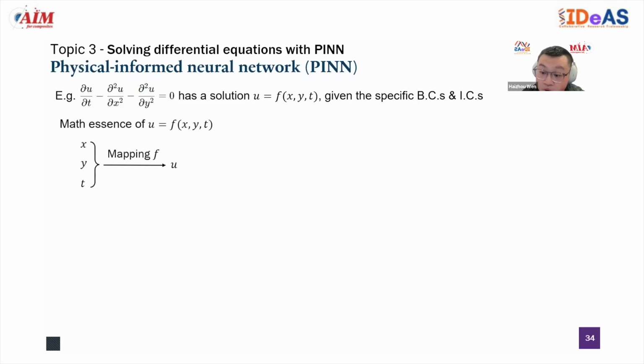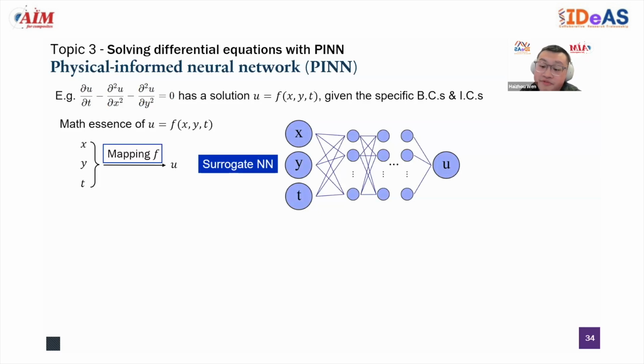If you really think about the essence of the solution f, it is a mapping from x, y, and t into a result u. So remember what we talked about before, we can use a surrogate model or surrogate NN to approximate this mapping based on the universal approximation theorem. And by minimizing the gap between the NN's prediction and the real solution, we will get the approximate NN solution.